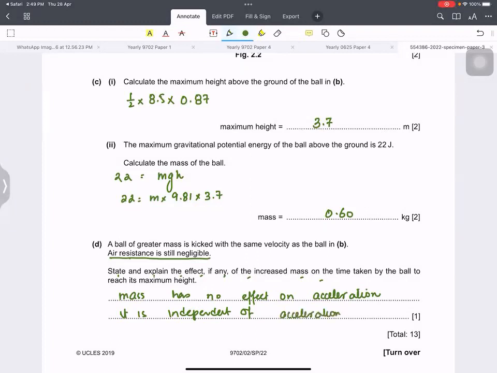You guys need to understand that a box of 10 kg and a box of 2 kg both feel the same acceleration due to gravity. That has nothing to do with their mass, okay? So do remember that.